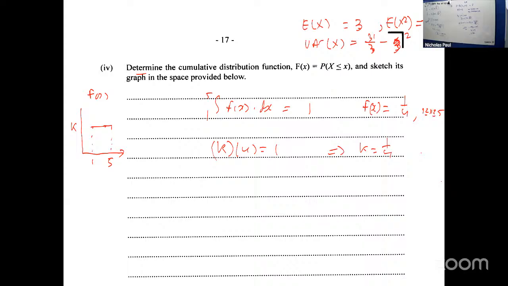We wanted to find the F of x, right? So I'll give you 2 minutes, see if you can do it, and then we sketch it. Remember to find F of t first, and then we will do a little sketch. Remember, you have to consider everything less than 1 and bigger than 5, right? I'll give you 2 minutes and then I will start to do it.